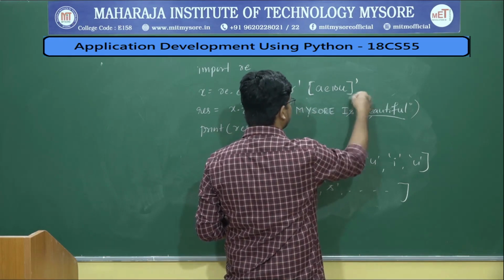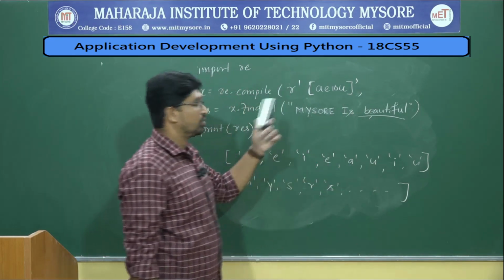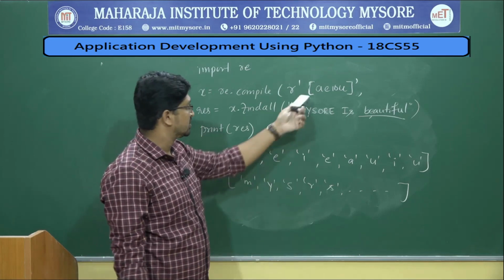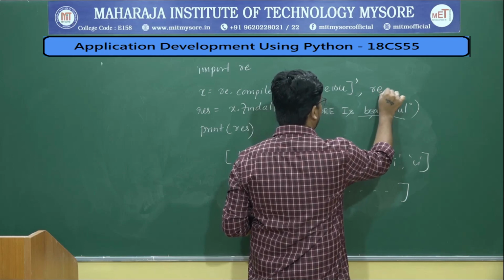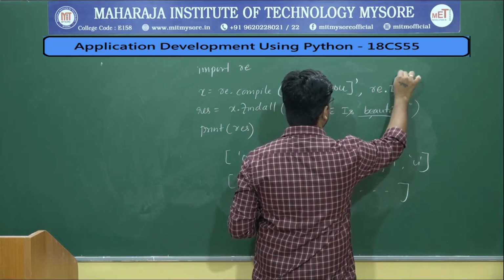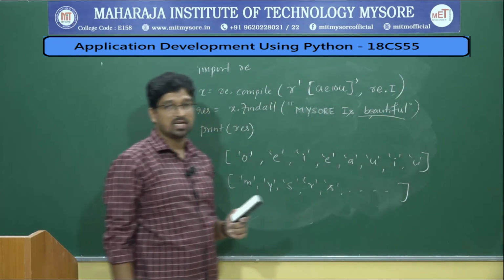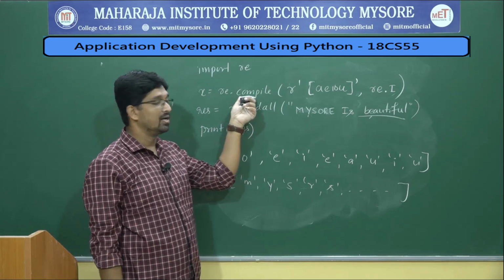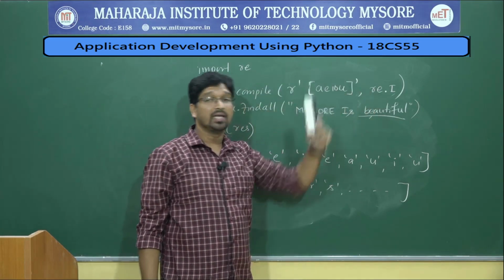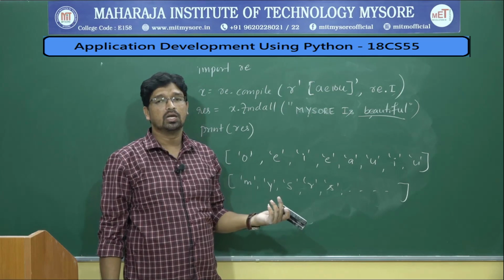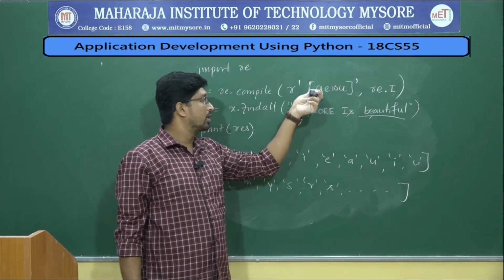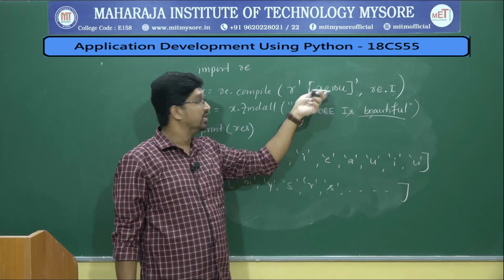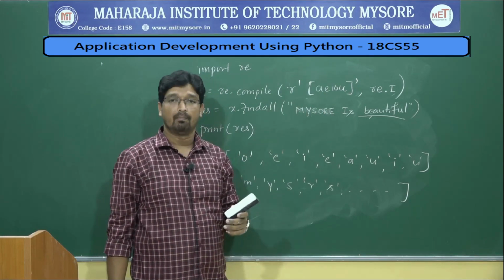comma, just close this. You can pass one more parameter. This is the substring to be matched. Then you can say re.I. re.I stands for ignore case when you are trying to compile. You can ignore the cases, then both lowercase and uppercase of these characters will get matched.